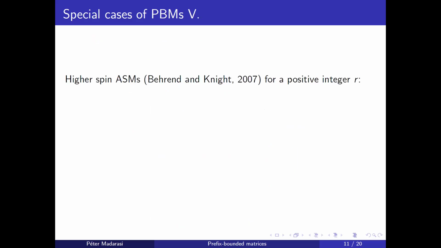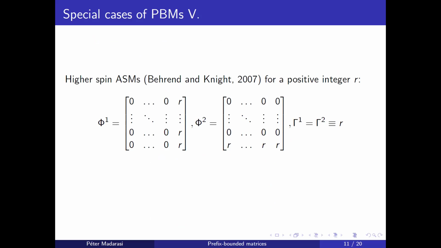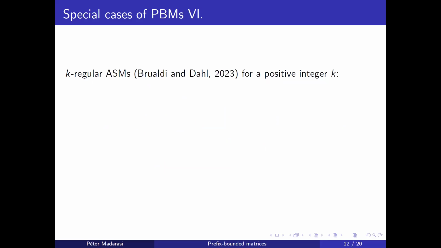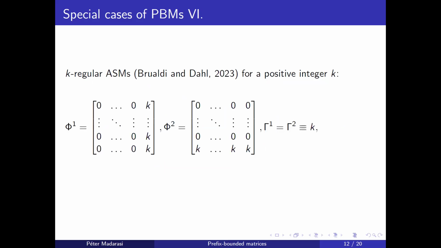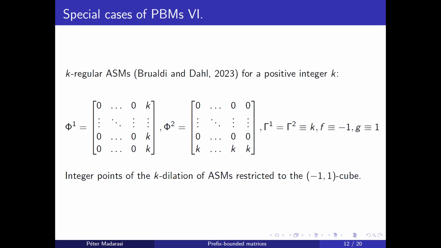Higher spin ASMs. These already came up in the project this morning. These are just the dilations of ASMs, and correspond to this set of lower and upper bounds. Irregular ASMs were introduced by Ayyer and Behrend, and they are, again, essentially the same as higher spin ASMs, except that now we restrict ourselves to the -1, 1 cube.